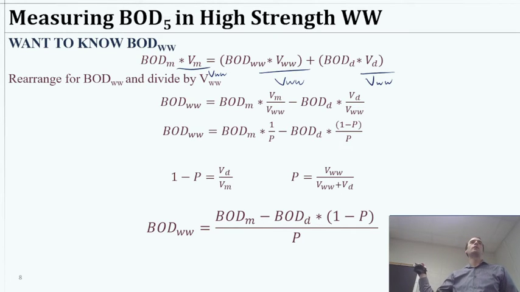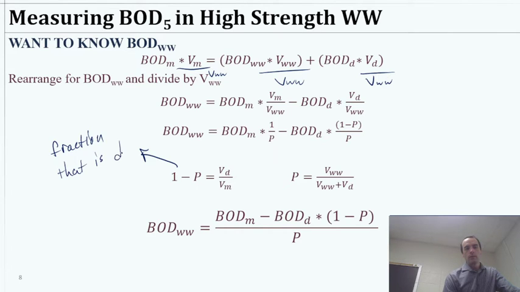So this is the fraction that is the dilution water, right? You can see that just right from here. It's very plain to see there. If P is the fraction that is wastewater, 1 minus P is the fraction that is dilution.